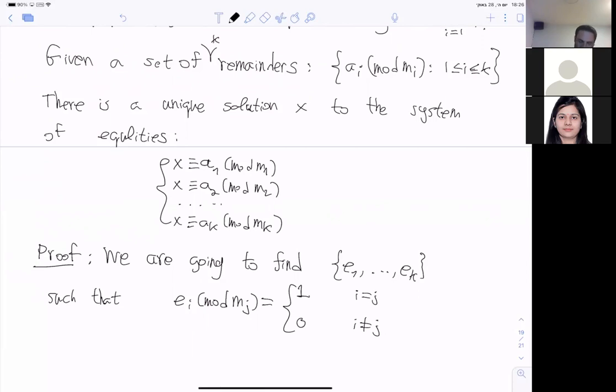Okay? So we are going to find such E's. We're going to find K numbers such that for each one of them, Ei modulo Mi is 1, but Ei modulo Mj is 0. Pay attention that this construction has nothing to do with these remainders. It just has to do with the numbers M. That's all.